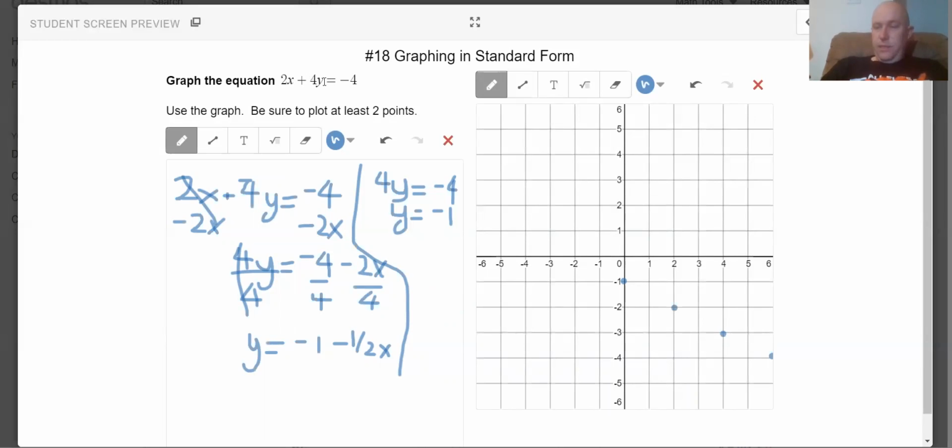Now, if I do the same for the y's, if I set y equal to 0, this term disappears. I just get 2x equals -4. And then if we divide both sides by 2, you'll get the answer x equals -2. I'm just going to put a circle where I would put it.